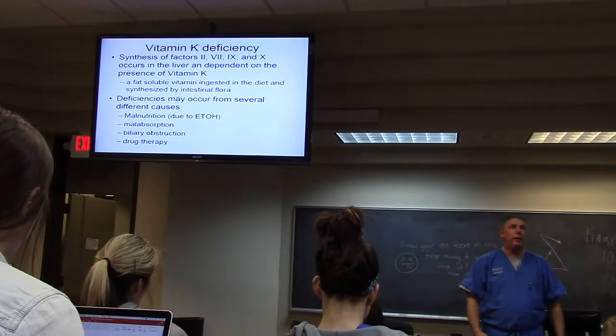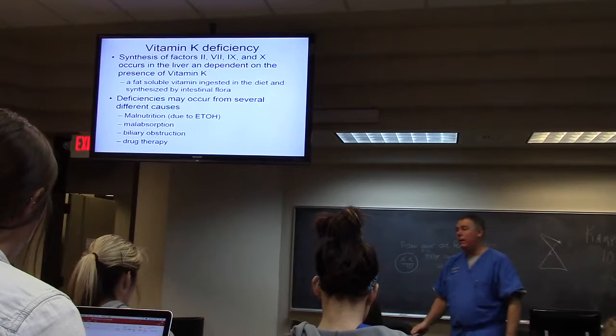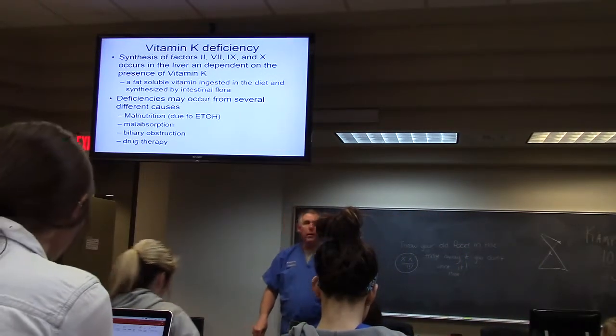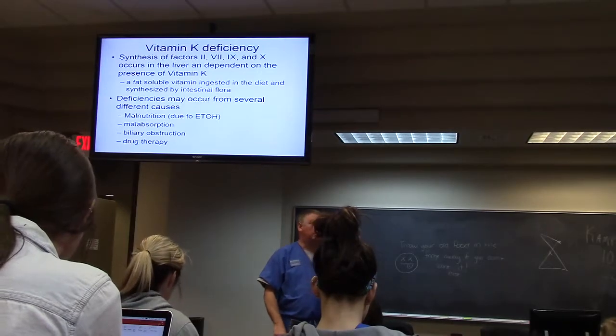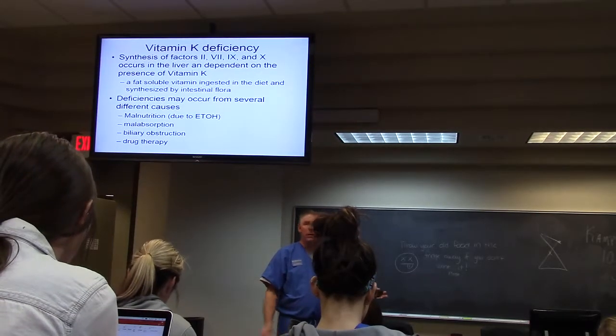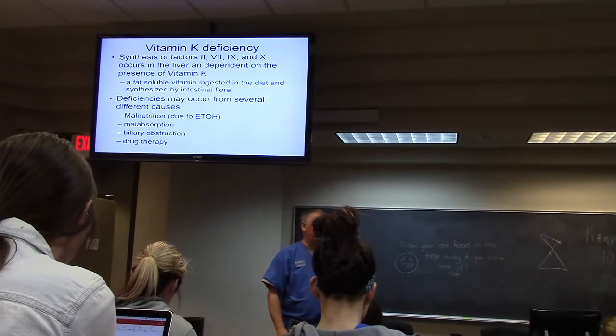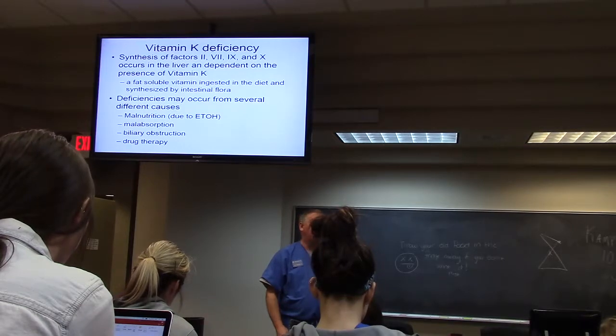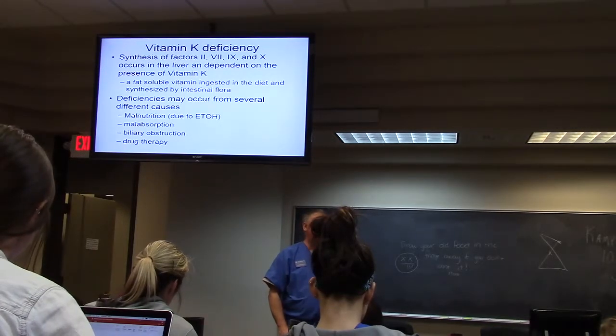Malabsorption, biliary obstruction, if you can't get flow of the normal secretory products out of the liver, you're not going to have it in the blood. And drug therapy itself, like with Coumadin, for example.